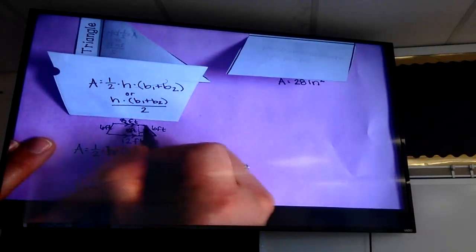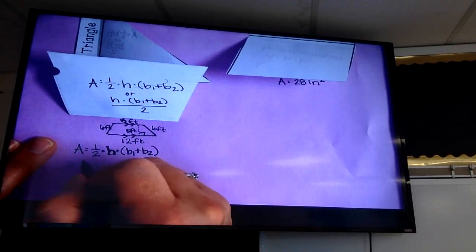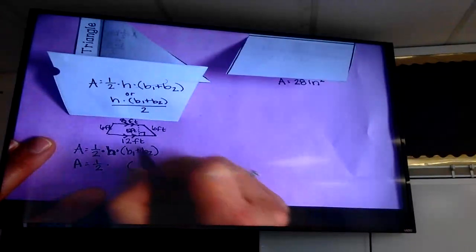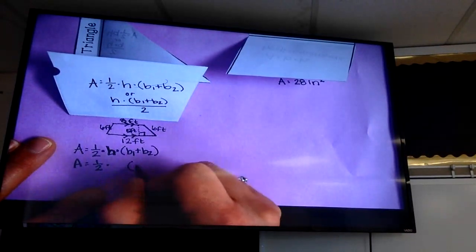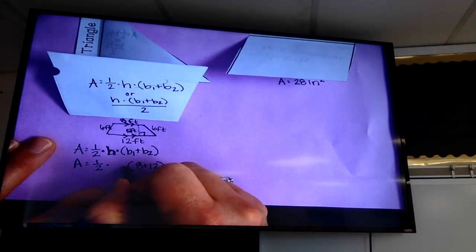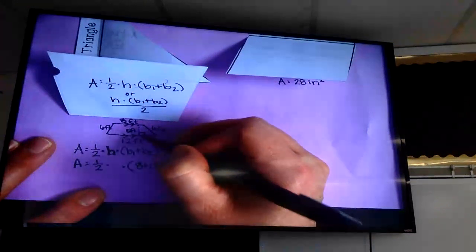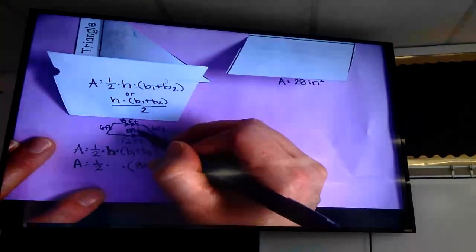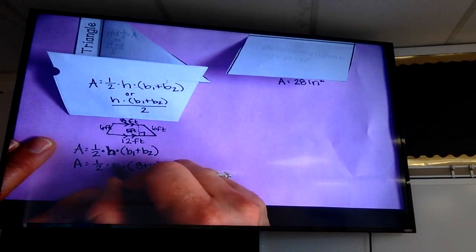Okay, my bases are always the ones that are parallel to each other. So area equals 1/2 times, well, the bases I just said are the ones that are parallel. So that would be 8 plus 12. And the height, that's my altitude. So I look for that 90-degree angle, the one that's 90 degrees with my bases. So that's going to be the 5.